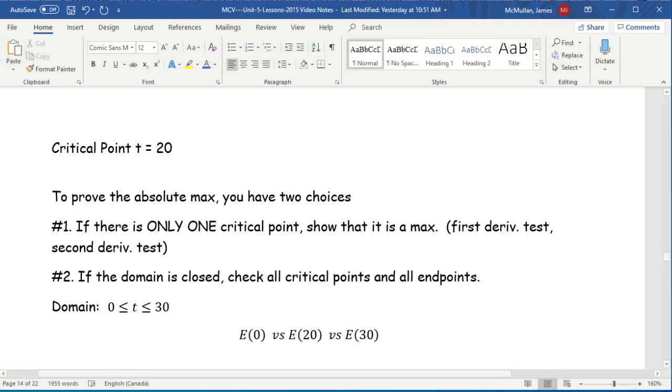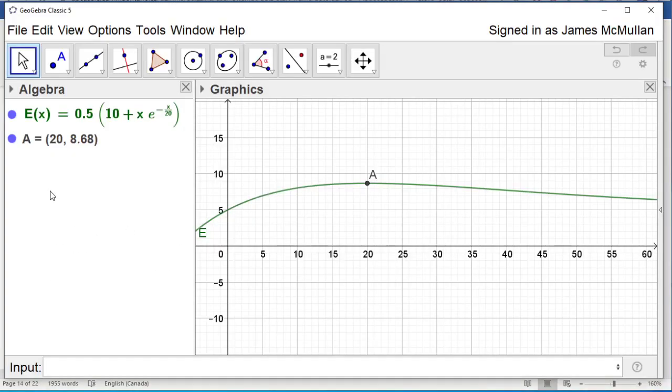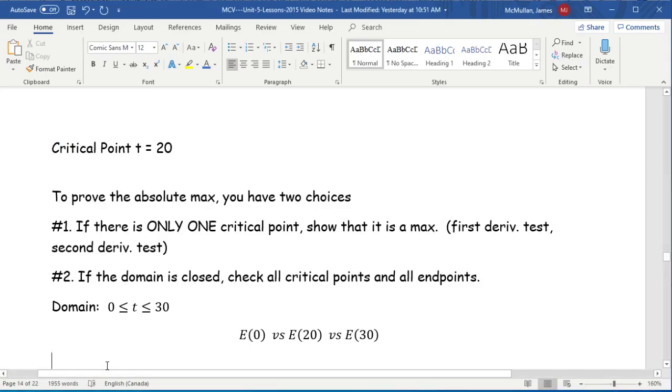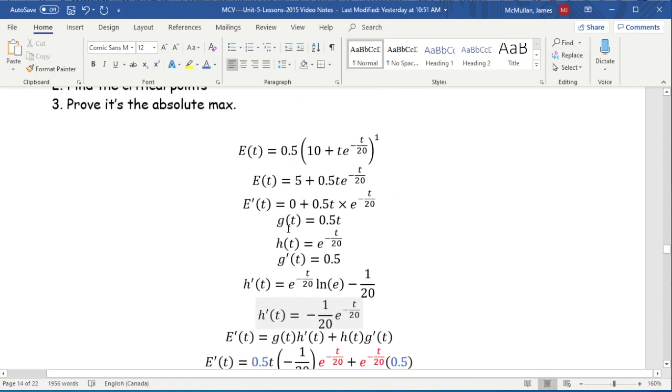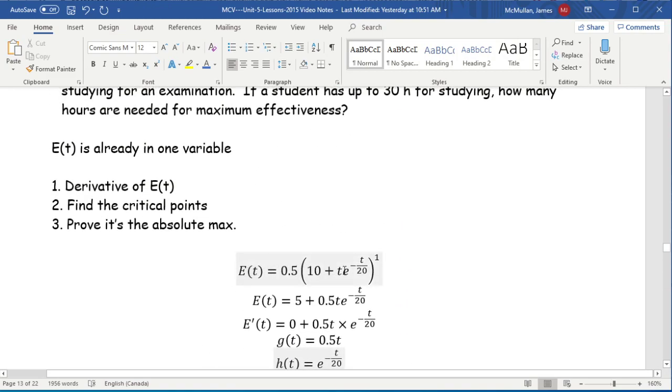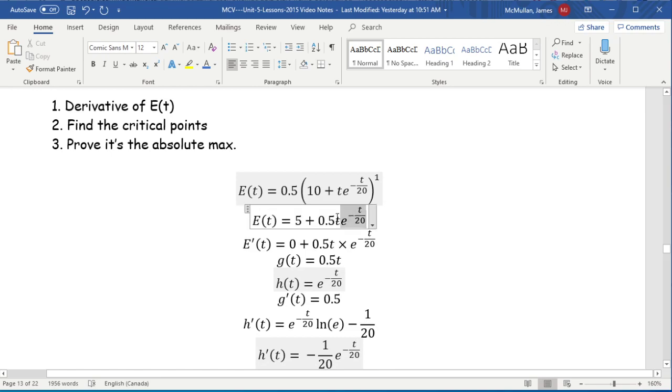Now again, I'm not going to go through and sub all these things in. Let's just go back to our function and sub them in. E of 0 is 5. That one I should have known because that one's easy. If you go back up to the e function, particularly this one, e to the power of 0 is a 1.